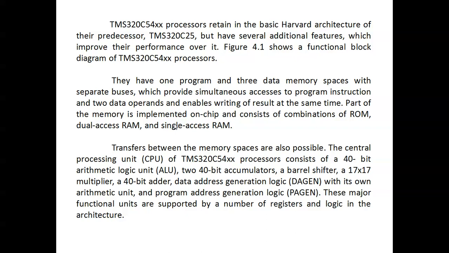The central processing unit, the CPU, consists of a 40-bit arithmetic logic unit, two 40-bit accumulators, a barrel shifter, a 17 by 17 multiplier and a 40-bit adder. It is supported by a number of registers and logic in the architecture.